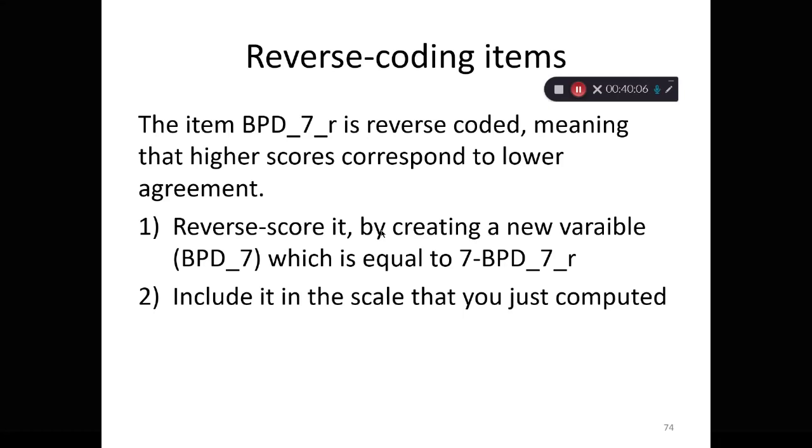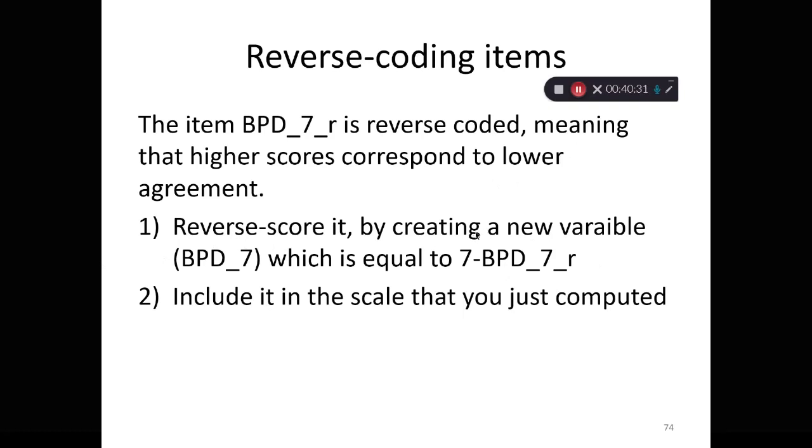So in this case, it will be 1 plus 6 is 7, and subtract the participant scores from 7. You can use mutate to create a new variable, and then you want to again use mutate and recompute the scale, this time also including the BPD7 item.